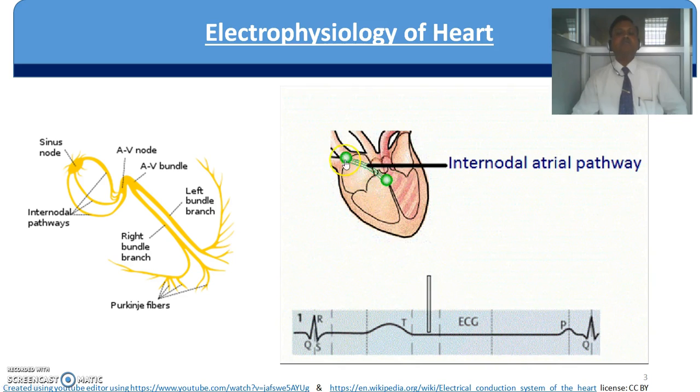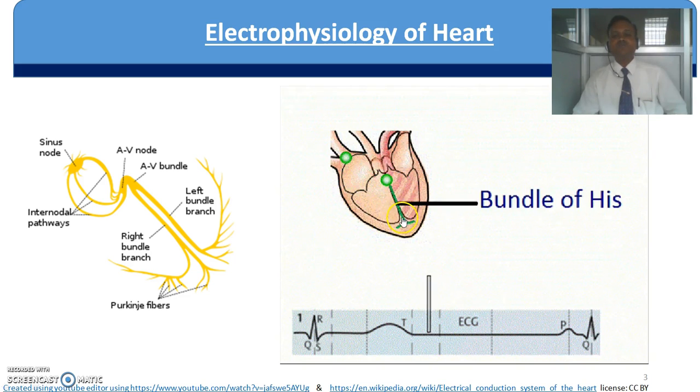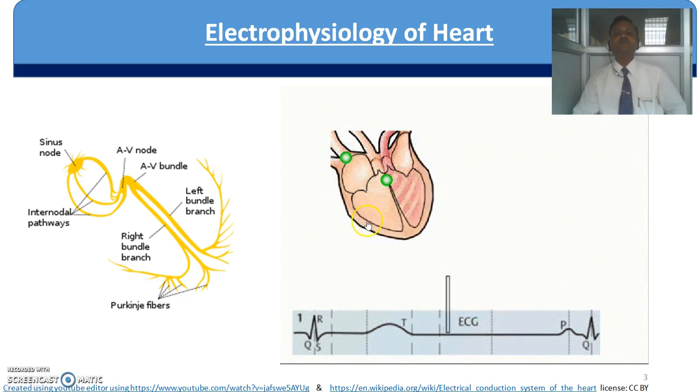The pathways which connect the SA node with the AV node are called internodal atrial pathways. When the impulse is generated here, it is carried to the AV node, and then from the AV node through the bundle of His and Purkinje fibers, the impulse is conducted towards the whole membrane of the heart.